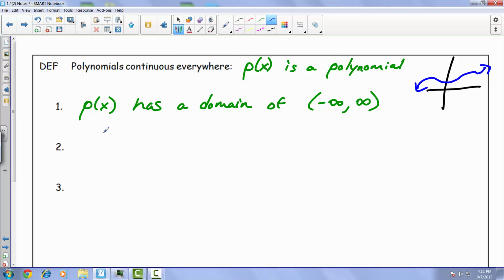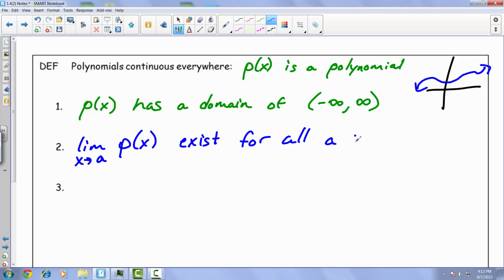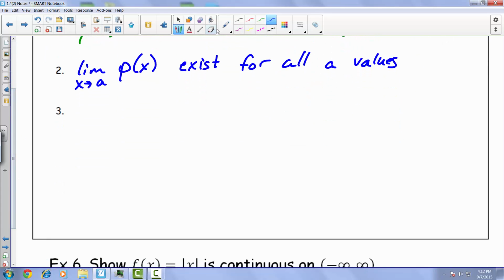The second criteria is that the limit as x approaches some a value of our polynomial function exists for all a values. In other words, in fact, let's do a better graph so we can illustrate these points.